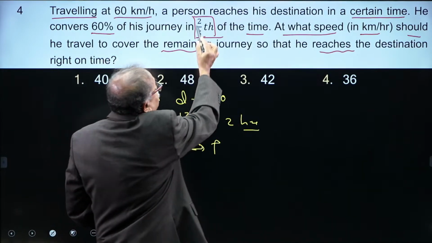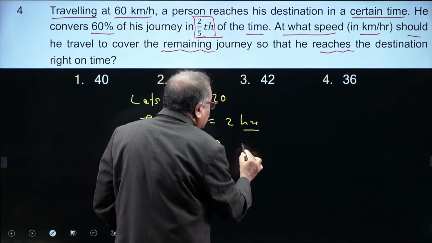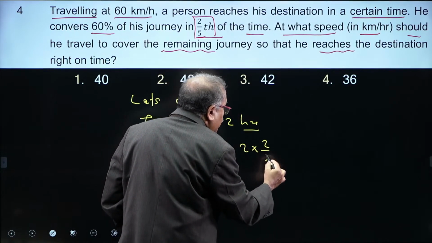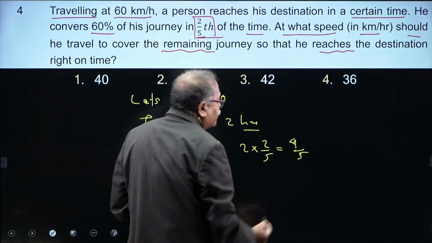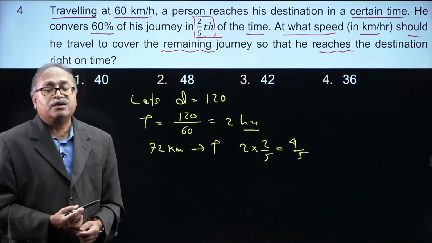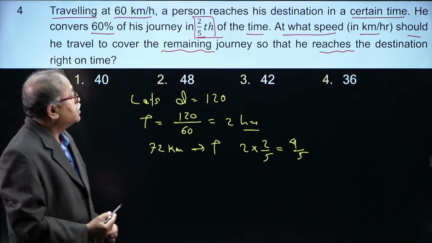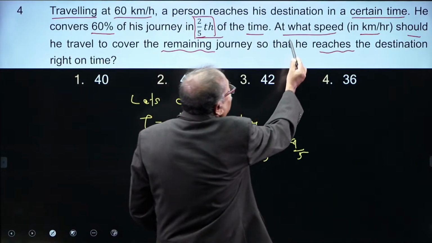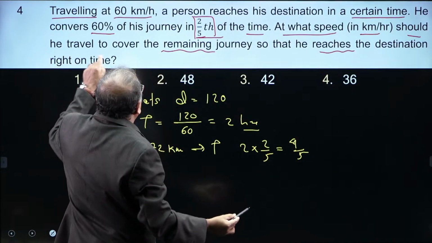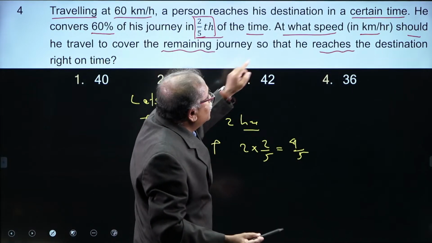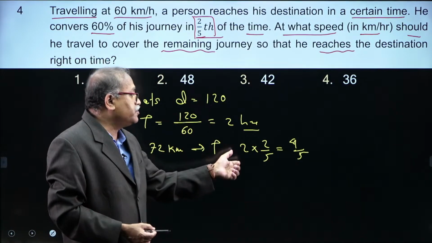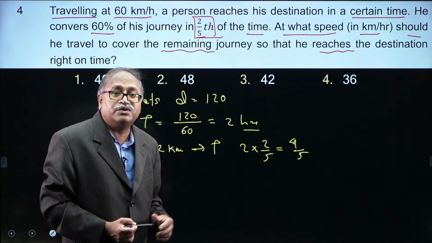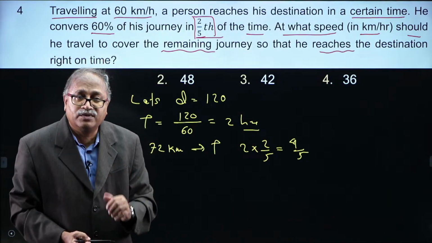So, 2/5 of the time is nothing but 2 into 2 by 5, which is 4 by 5. Now, the time left is 1/5. So, he is left with 1/5 of 2 hours, that is nothing but 2 by 5.